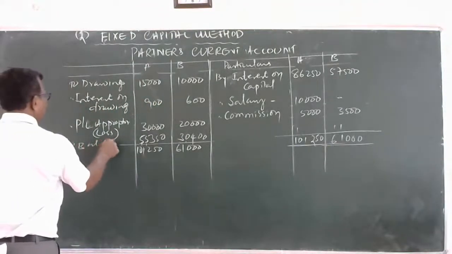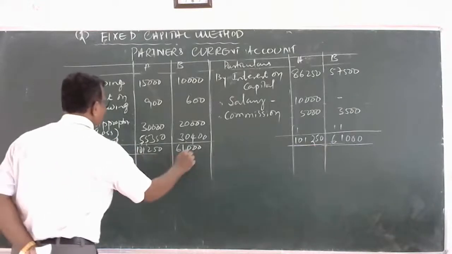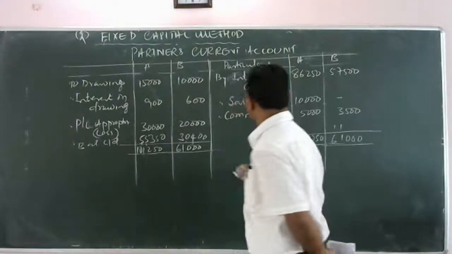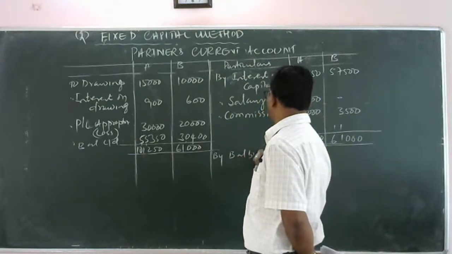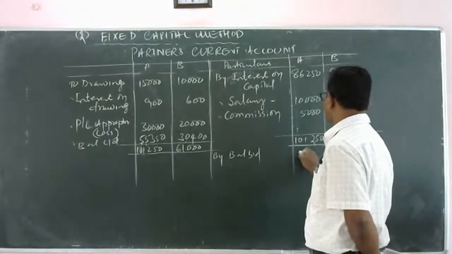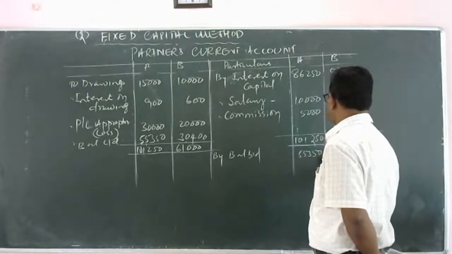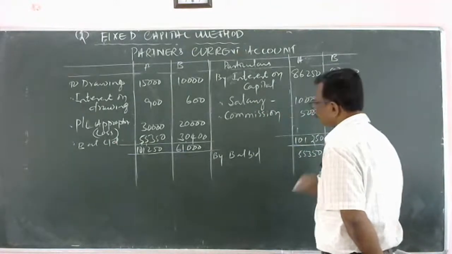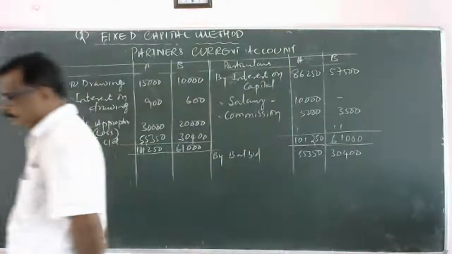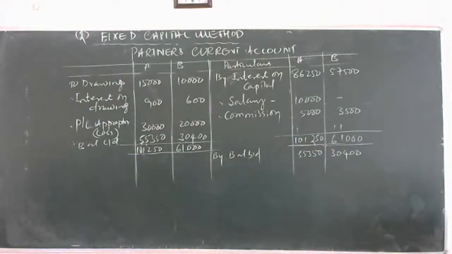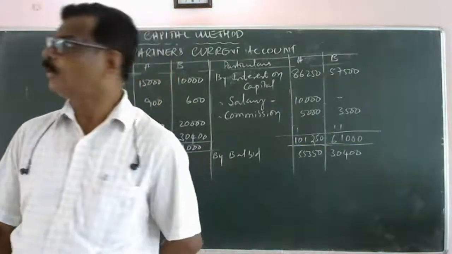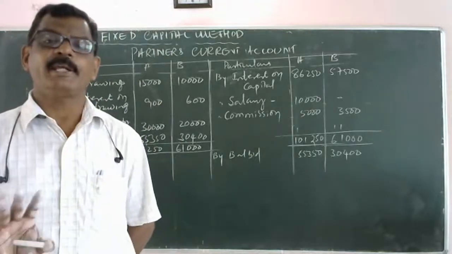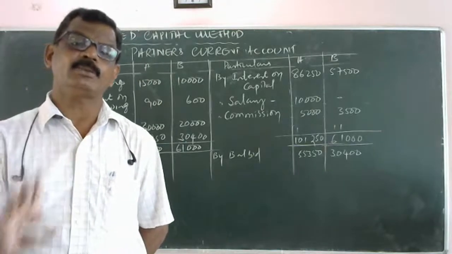This is the closing balance, and this will be the opening balance in the next year. 55,350, 30,400. So current account balance need not always be a credit balance. It may be a debit balance also.